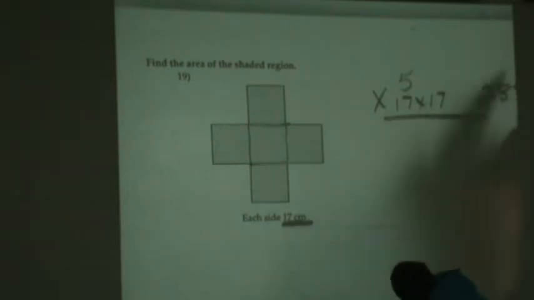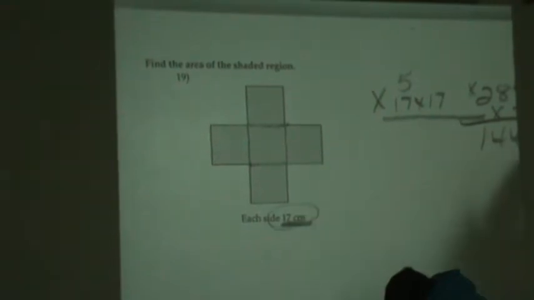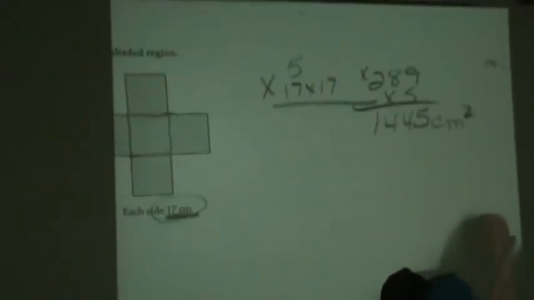The squares are 17 by 17. So 17 times 17 is 289. So you have 289 times 5. Let's put it down here. 1445 what? Square centimeters, or centimeters squared.